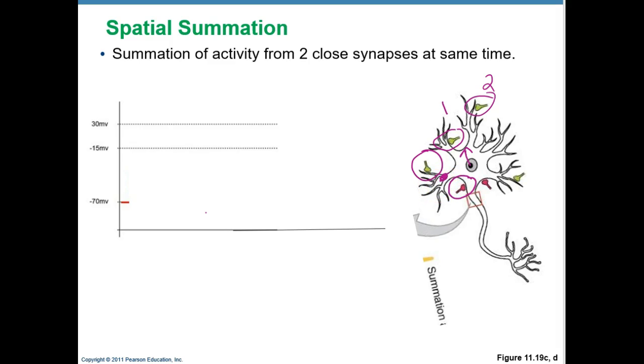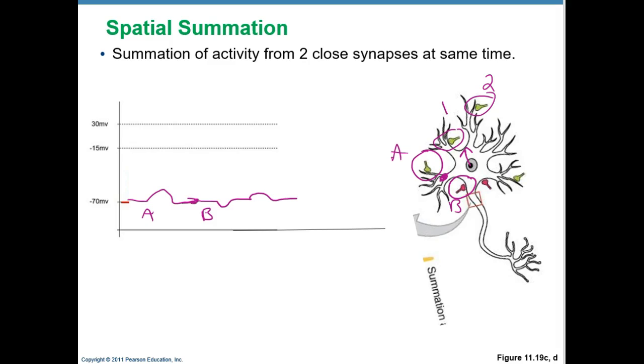Let's call this A and B. Let's say that just A fires, it might look like this. And then if just B fires, it might look like that. And I did a small, let me fill that in, a small IPSP for B. Now if they both fire at the same time, because they're close together in space, you might get something that looks like that.